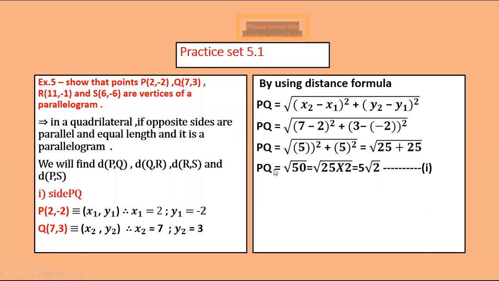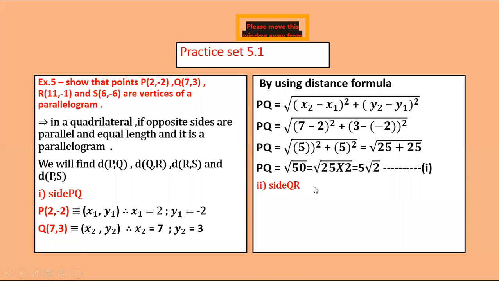PQ is equal to square root 50. 50 we can factorize as 25 multiplied by 2. Taking the square root of 25, 5 square root 2. Therefore, PQ is equal to 5 square root 2. This is the distance PQ, or length of side PQ.